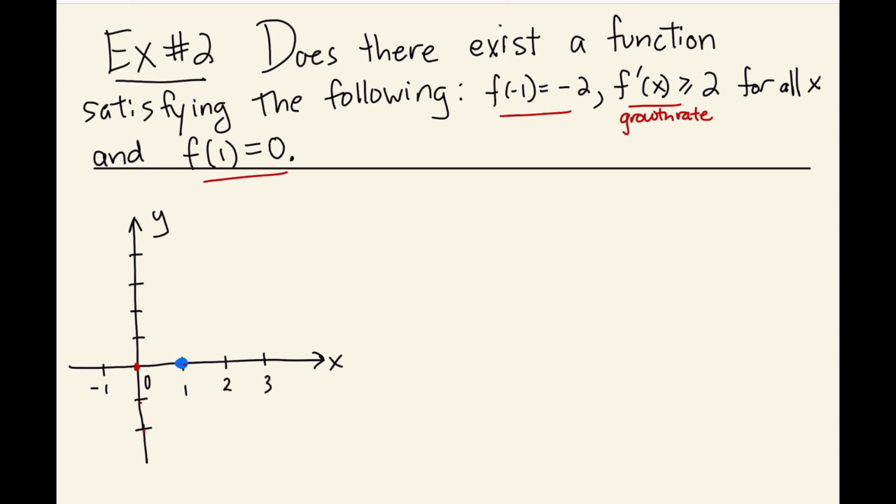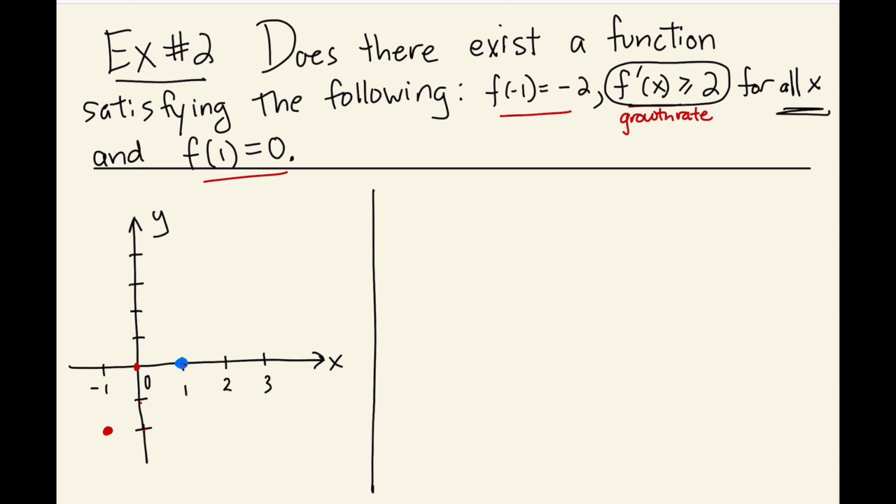So I'm going to use the mean value theorem to take a look at the situation for all functions. In this case, we are told once again the derivative is greater than or equal to 2 for all x.